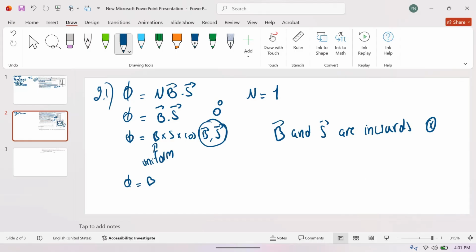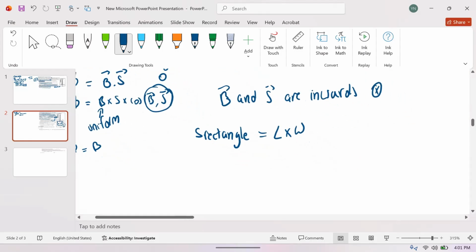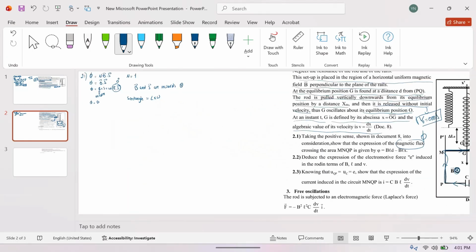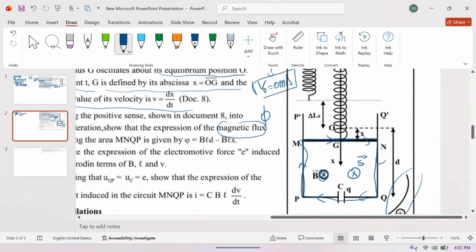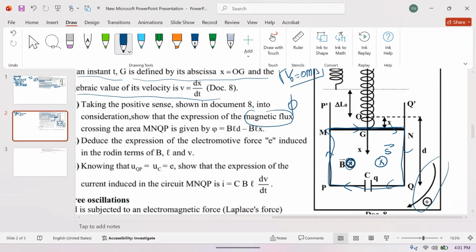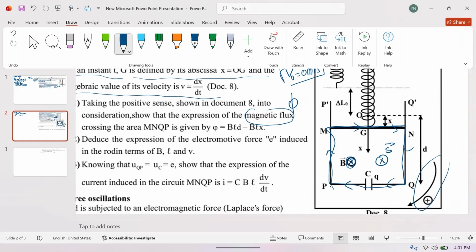This is the surface. What is the surface of a rectangle? The surface of a rectangle is the length of the rectangle times its width. Now, let me look at the figure again. They have the distance from P to Q, they named it in the given small l. And they told you that the width is from Q to where N was at the beginning, the rod at the beginning.